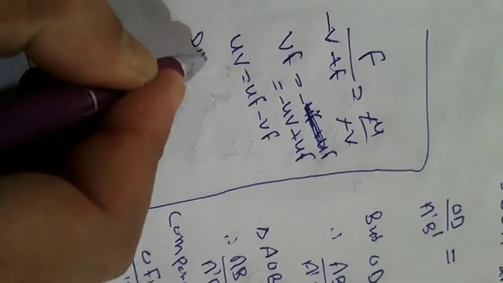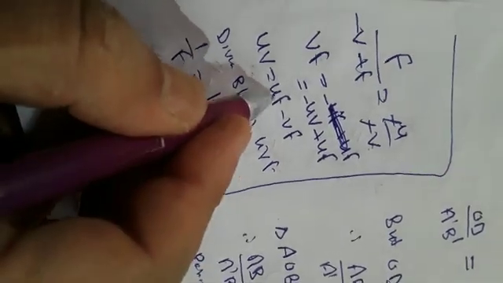Dividing both sides by UVF, it becomes 1 by F is equal to 1 by V minus 1 by U, and this is the lens formula.